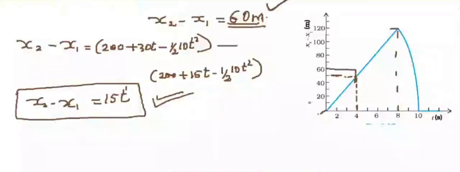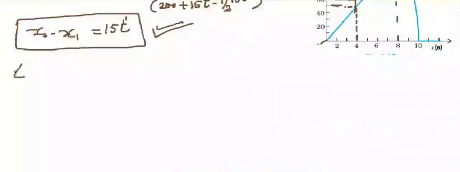So we will try to calculate what happens at 8 seconds. Take t equal to 8 seconds. Then once again you find the value of x1 and x2.